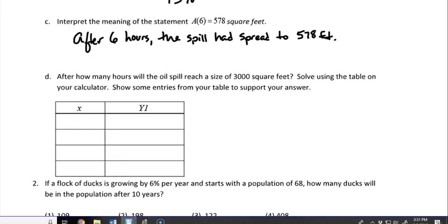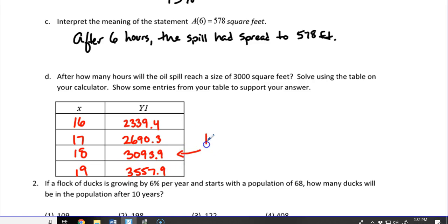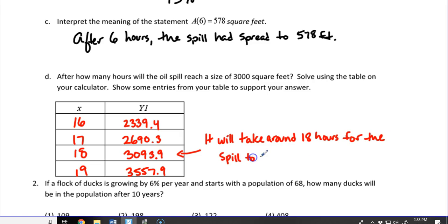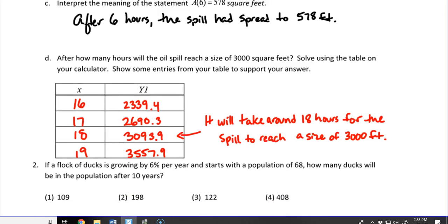So I'll start with 16. Okay, so like we said, about 18 hours to reach that 3,000 square feet.